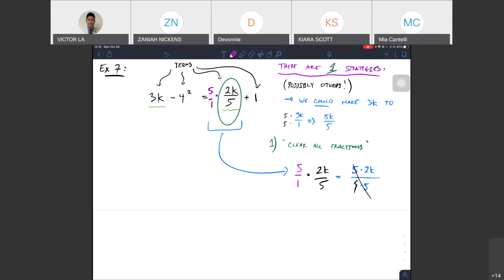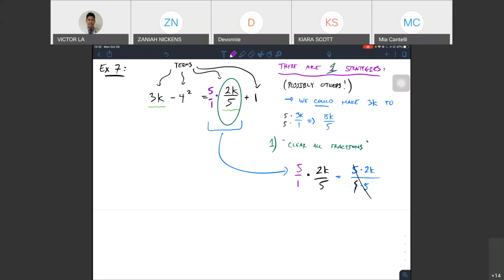Because it cancels out my denominator. If I'm going to keep the equation equal, what do I have to do to all the other 3 terms? The same exact thing, right?